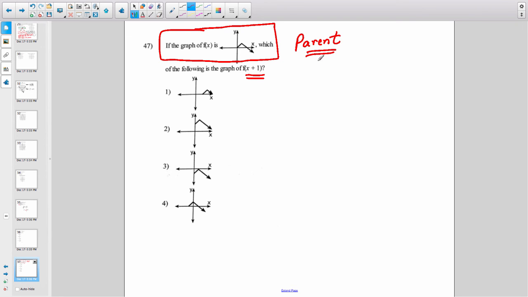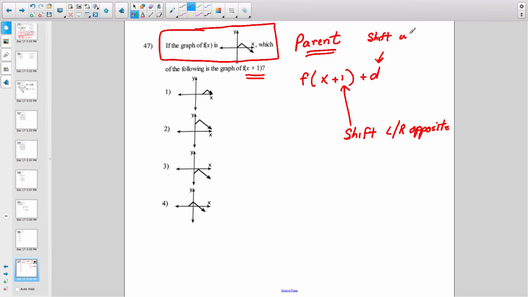So whenever you have something inside the parentheses, this is a shift that's going to be left or right in the opposite direction of whatever that sign is. If you had something outside, this would be a shift up or down in the same direction of the sign.